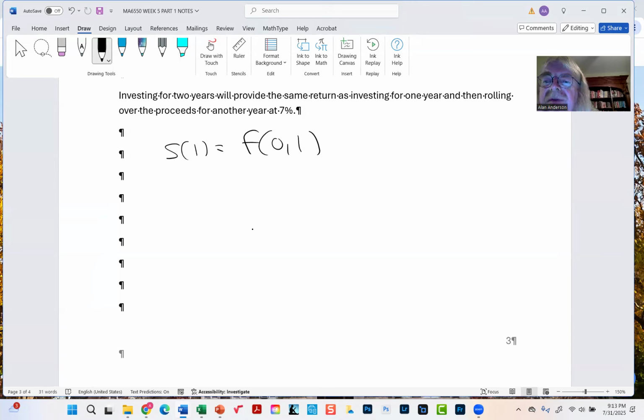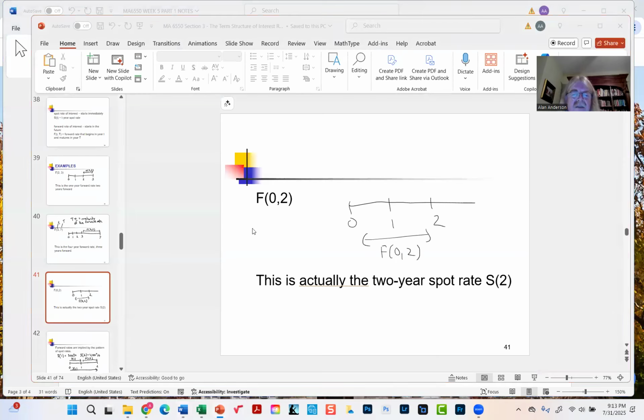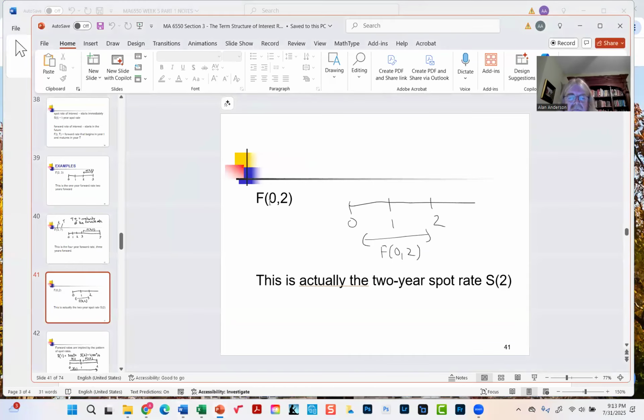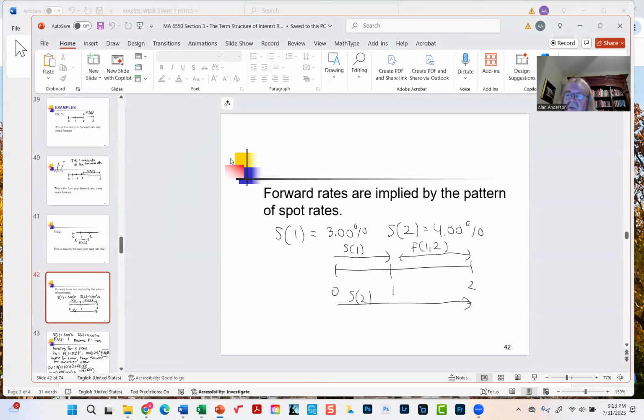By definition, a forward rate that starts immediately is a spot rate. And that means, for example, S2 would be F0 comma 2. We'll see why that matters later on.